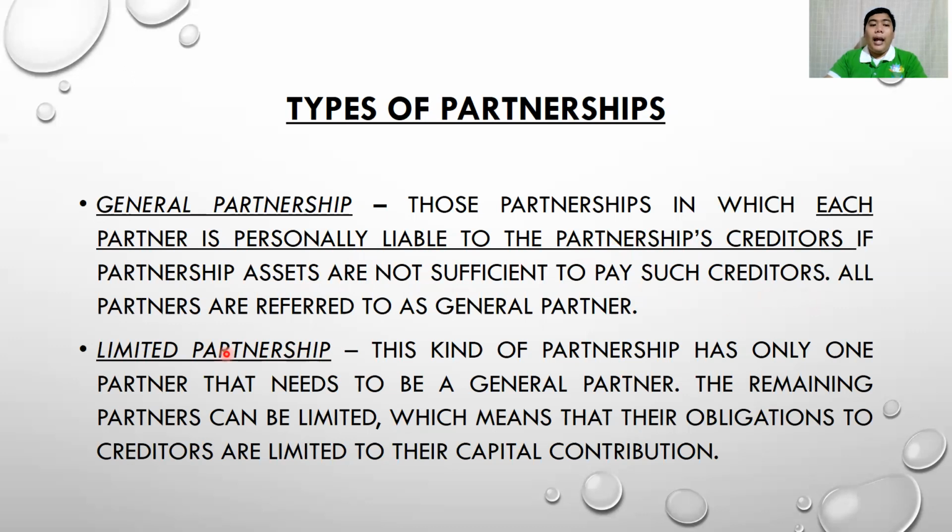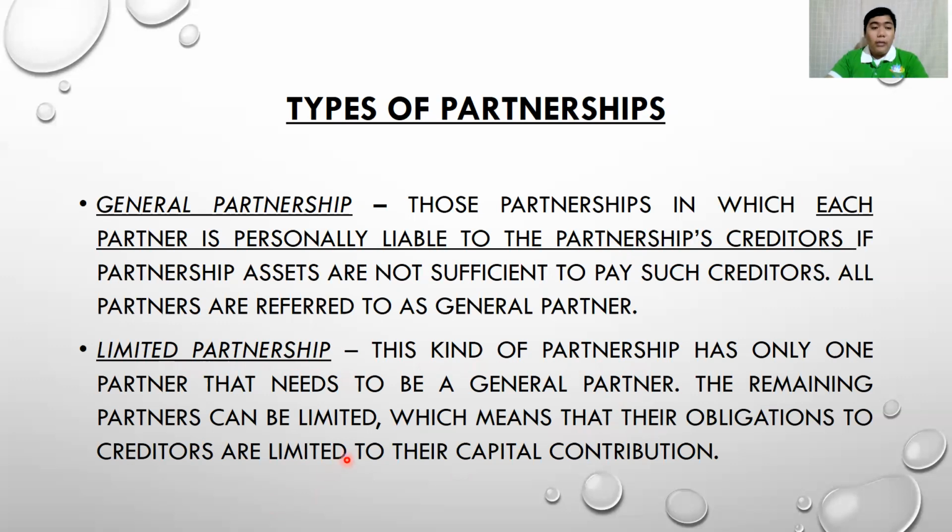While a limited partnership, it is only required to have one general partner and the rest can be limited partners. So this kind of partnership has only one partner that needs to be a general partner. The remaining partners can be limited. When we say limited, it means that their obligations to creditors are limited only to their capital contribution.